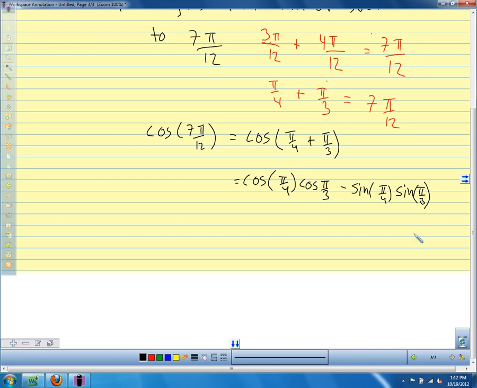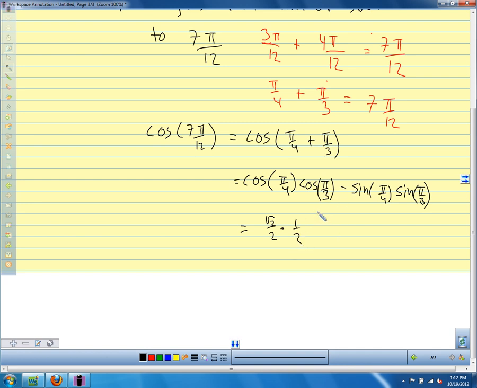So I'm just plugging these values into my identity, and then I can look these numbers up on my unit circle. So this is 1/2, or I'm sorry, square root of 2 over 2 times 1/2.